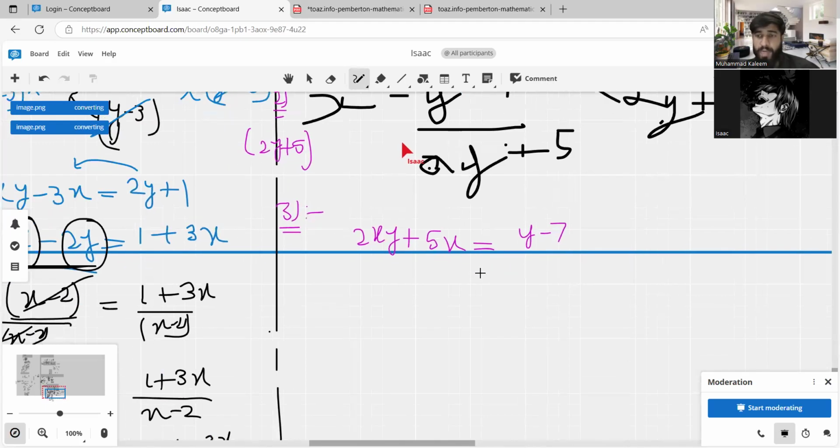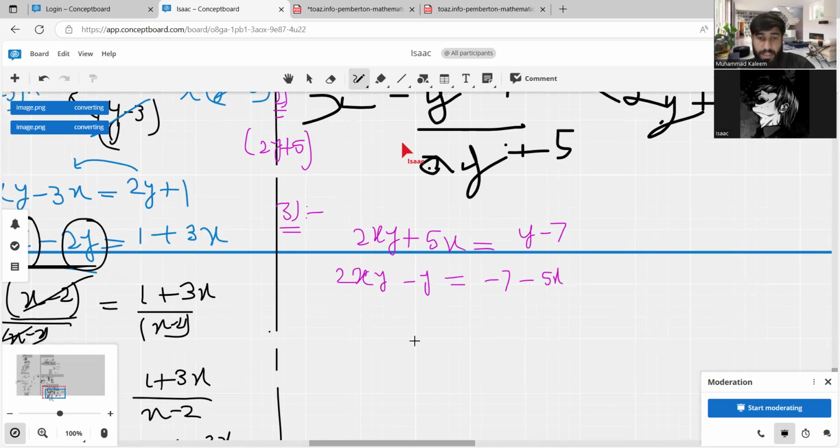We will combine the terms in which we have a y on one side of the equal sign, and all other terms will be taken to the other side. I will take this y to the left side and move 5x to the right side. As I move this 5x, the minus 7 will stay as it is. I will not change its sign. I will just change the sign of 5x.